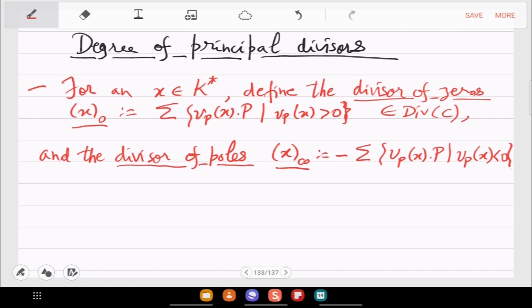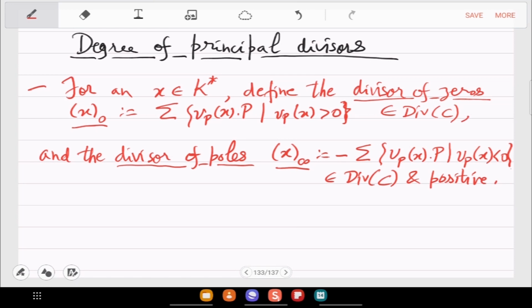Okay, why do I put the minus? Because I want these two to be positive divisors. So for x_0, every order is positive, and for x_infinity, every order is positive, because v_p was negative and I make it positive. So these are both positive divisors in Div C.